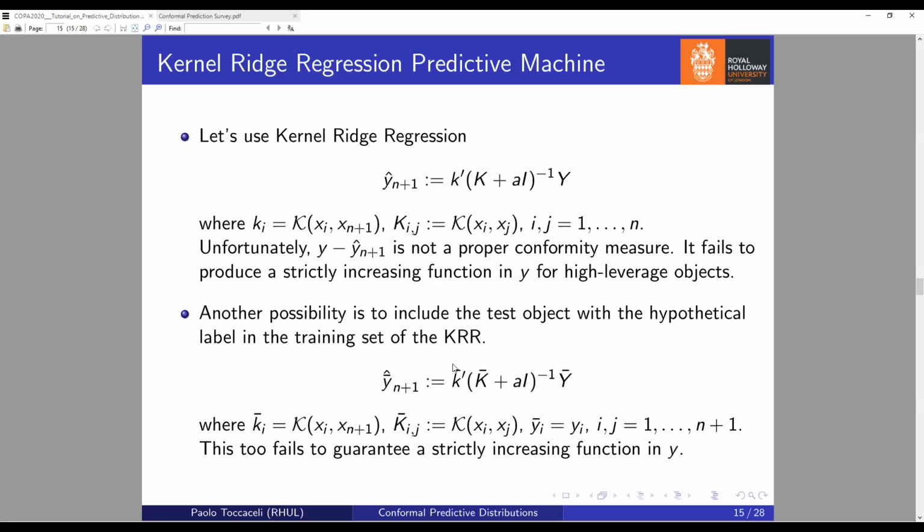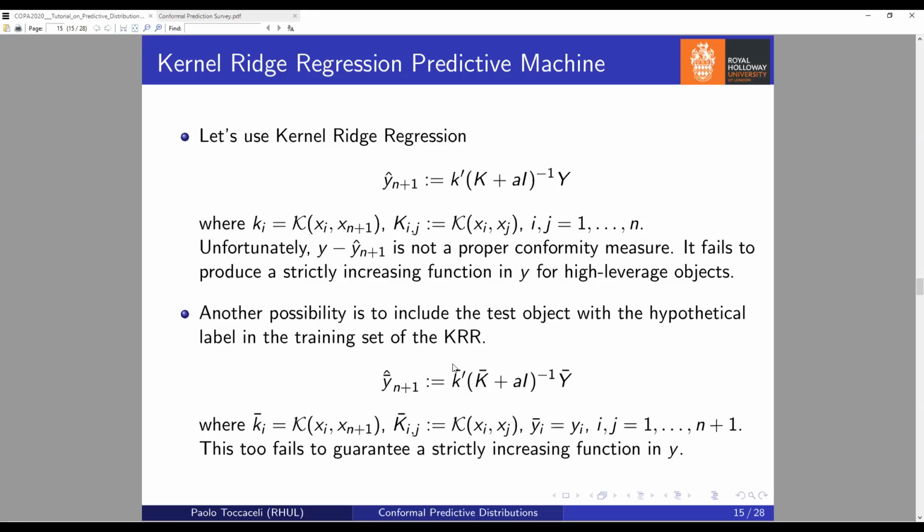So the conformity measure, our first attempt, is simply the discrepancy between the hypothetical value y and the value that we predict for y for the test object x with n plus 1. It's not a proper conformity measure in the sense that it fails to produce a strictly increasing function in y for high leverage objects.